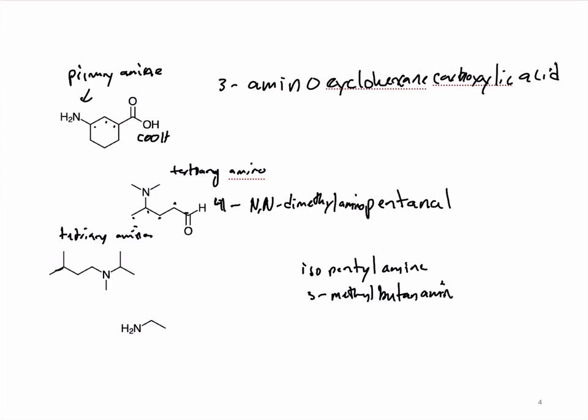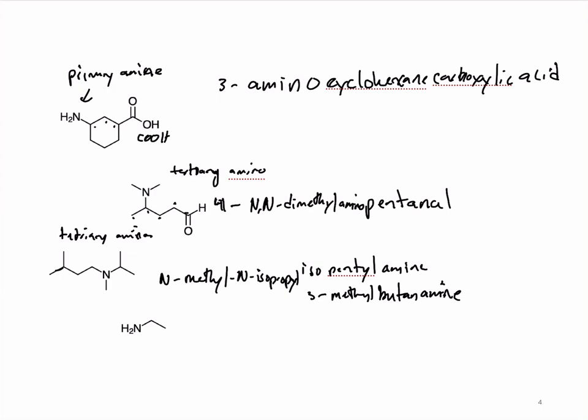Both of these would be okay names for the parent chain. And then we have the two other groups that we'll list in alphabetical order. We have isopropyl and methyl, so the methyl is going to go first. So we have N-methyl and isopropyl, isopentylamine, or 3-methylbutanamine. Right now, those would be both acceptable.